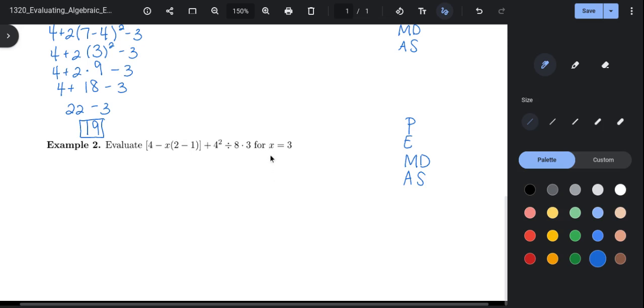So just like that previous example, first thing we're going to do is plug in 3 for our variable x. So we get everything else to be the same, but now instead of x, we have 3.